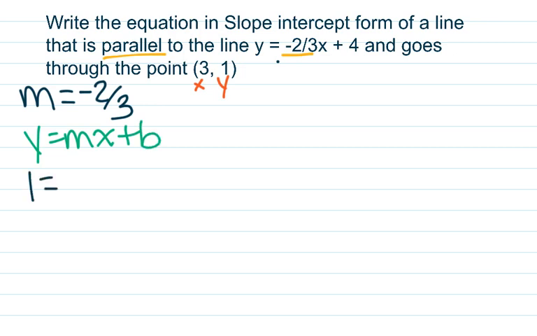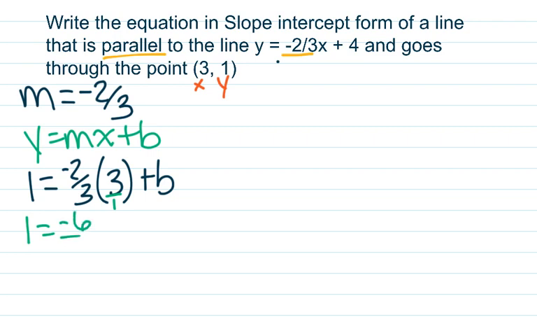So we have 1 equals negative 2/3 is our slope times 3, which is our x, plus b. 1 equals negative, remember put that over 1, negative 2 times 3 is negative 6, over 3 times 1 is 3, plus b. This simplifies to be 1 equals negative 2 plus b.